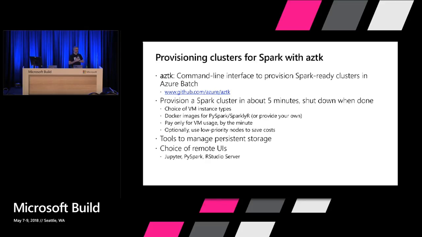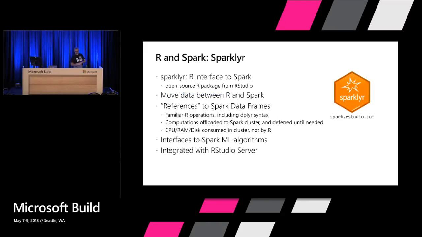You can download it from GitHub, and it provides commands very similar to the Azure CLI, just like I showed you earlier on, but with the specific job of provisioning a Spark cluster and then interfacing into that Spark cluster to do machine learning. I like to use SparklyR, which is a package for R for interfacing in with Spark, and I'll show you some examples of using that just in a minute.